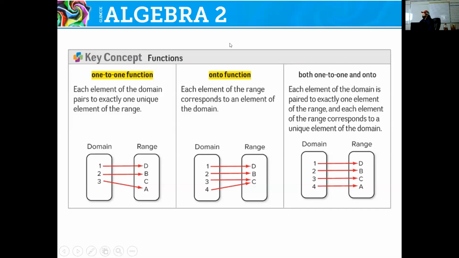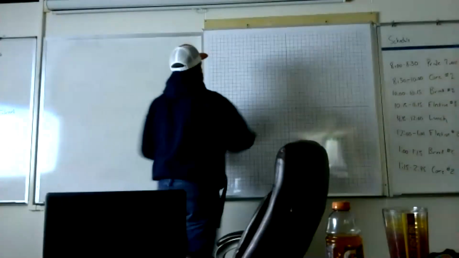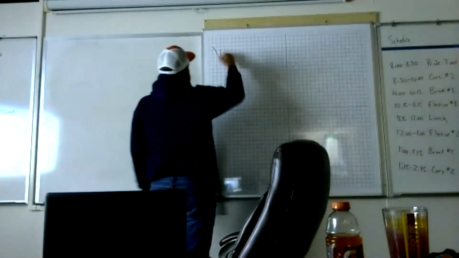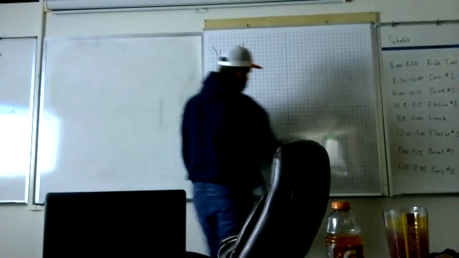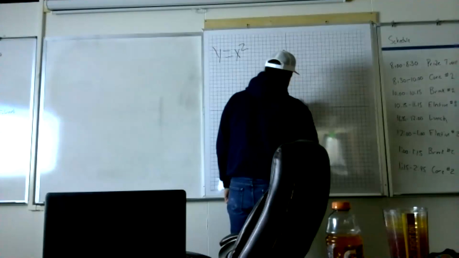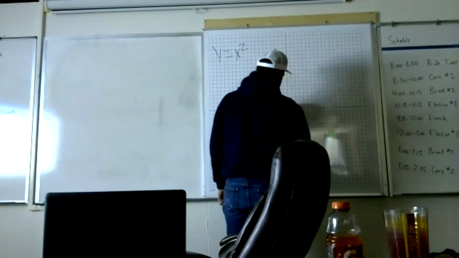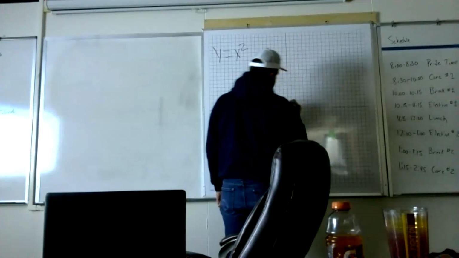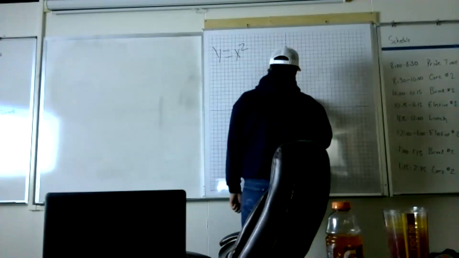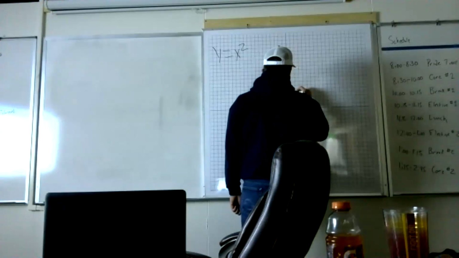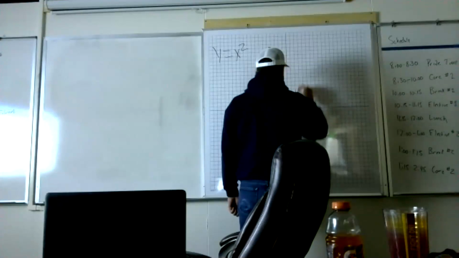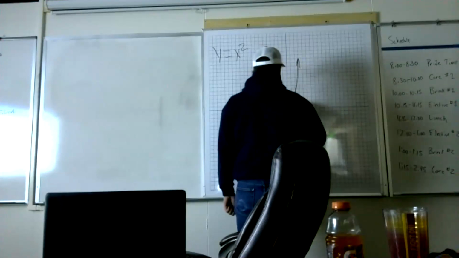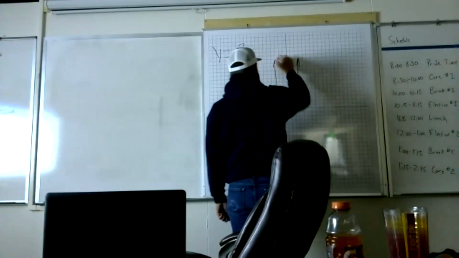Okay, and what the horizontal line test means is, if we were to examine a graph like y equals x squared, you'd have a dot on the origin. Positive 1 would map to positive 1, negative 1 would map to positive 1, 2 would map to 4, and our graph would be a parabola that looks something like this.